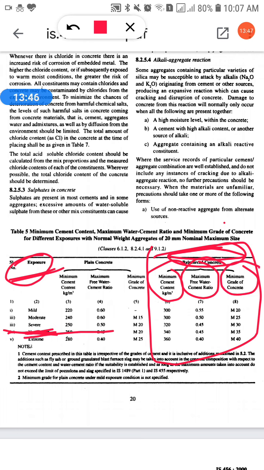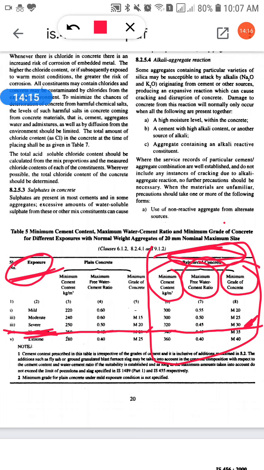See, for severe condition the minimum cement content will be 320, and in the question also they have mentioned 320. Okay, this is correct. And if you are concreting in severe condition, then the minimum grade of concrete at that place will be M30 only.